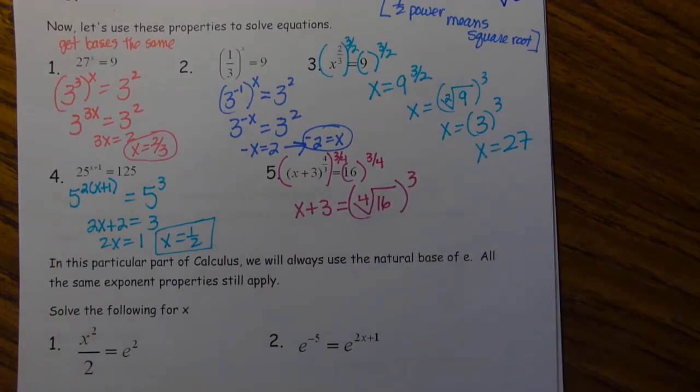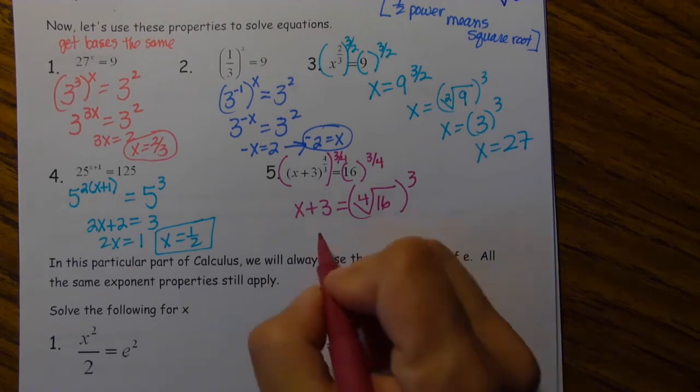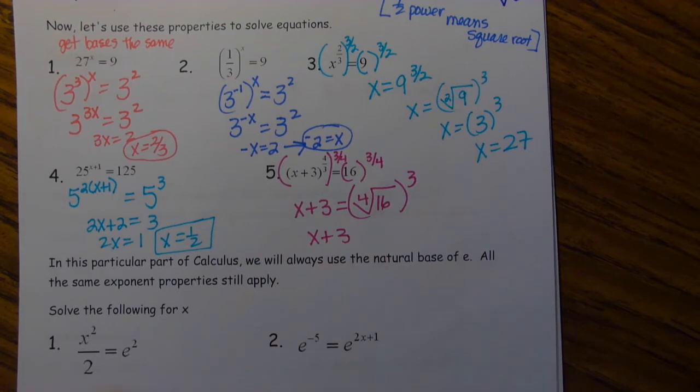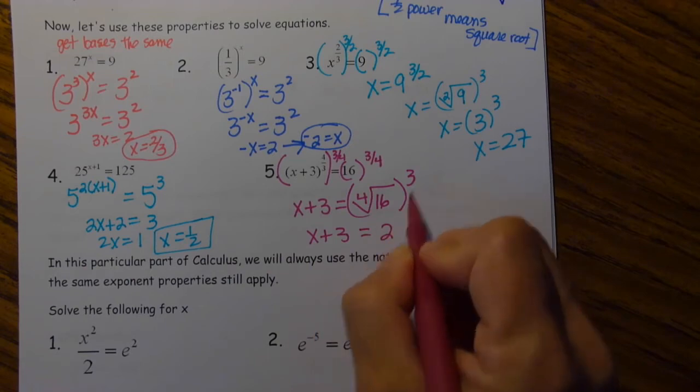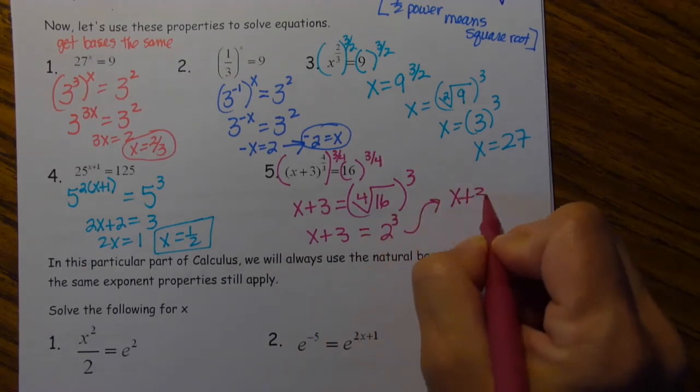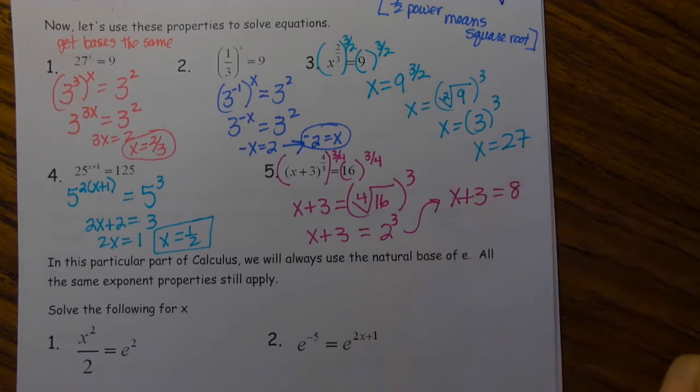Now remember, I'm not giving you a calculator, so these have to be small numbers. Nothing scary. So what is the 4th root of 16? 2. But 2 is cubed. So what do we really have? 2 cubed is 8.